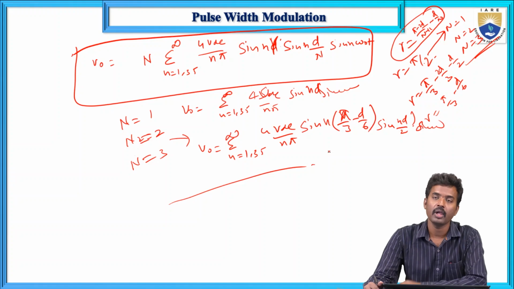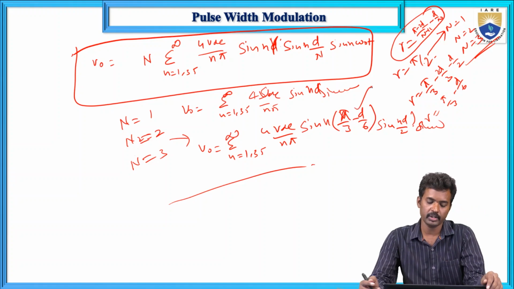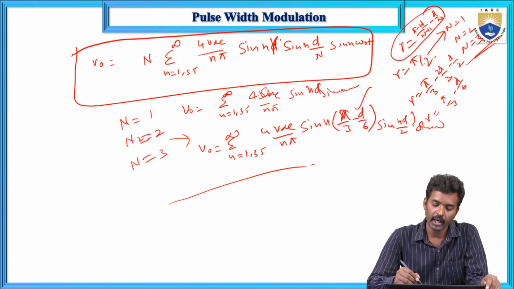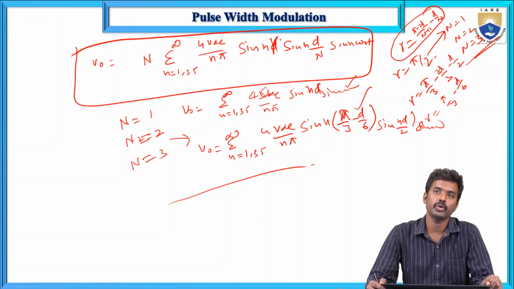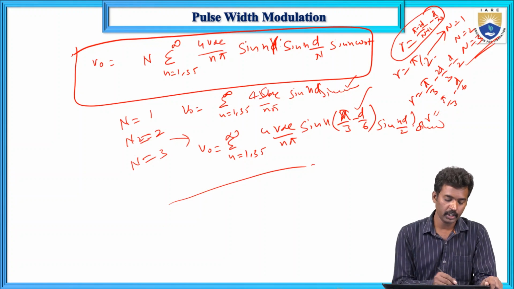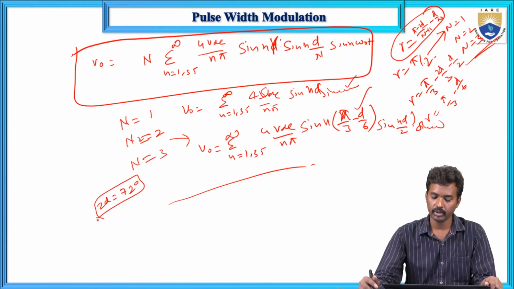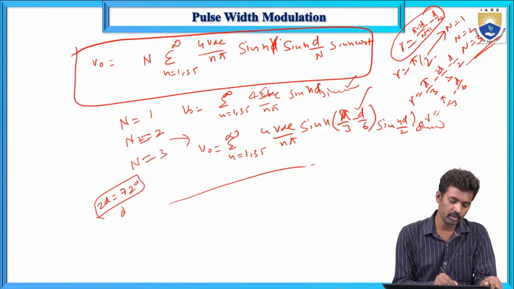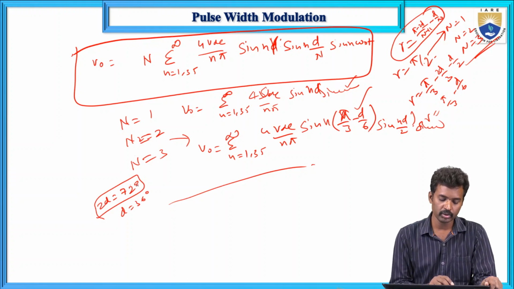So this is regarding multiple pulse width modulation and single pulse width modulation. Now, how do you remove the higher order harmonics from the complete waveforms? Let us take 2d equals 72 degrees, which means d equals 36 degrees.